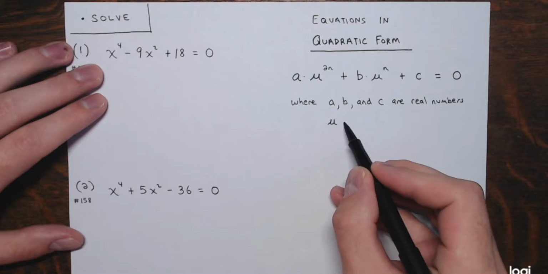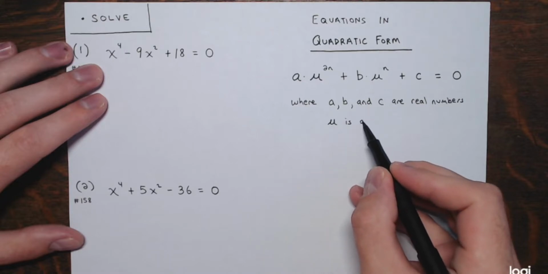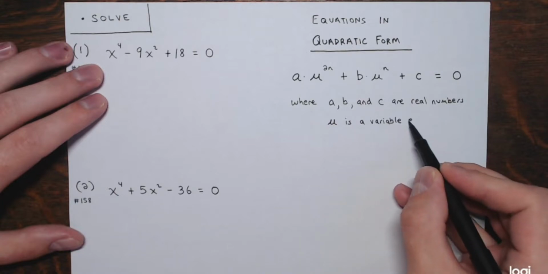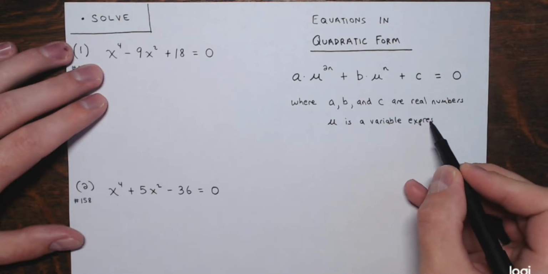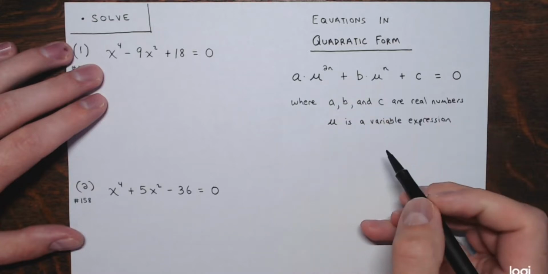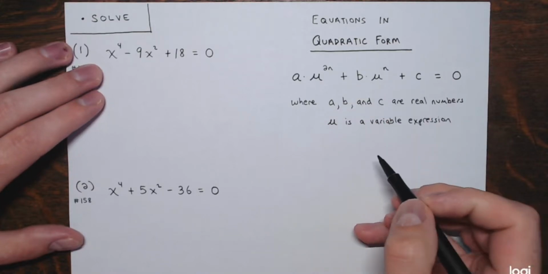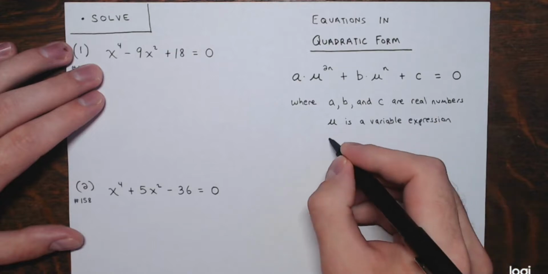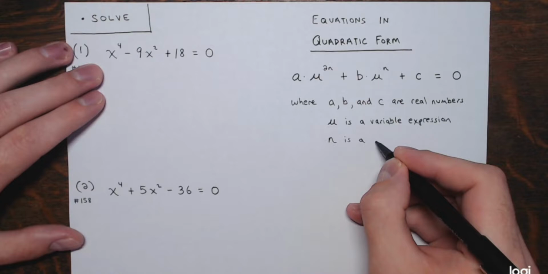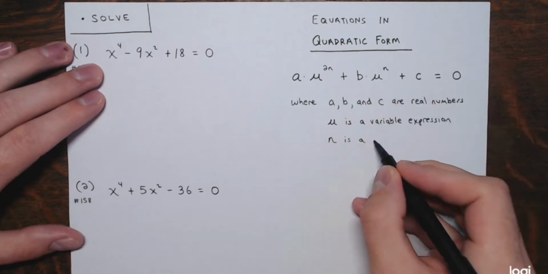u is a variable expression, and n is also a real number. I know I said it was an integer earlier, but n is a real number as well. Maybe I should have put r for a real number.